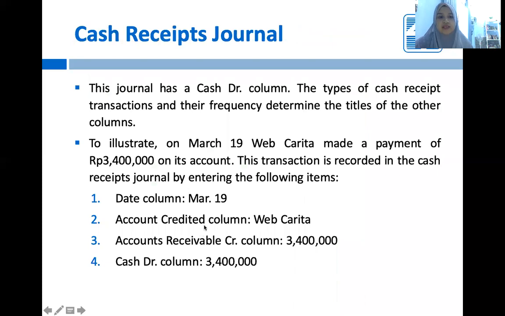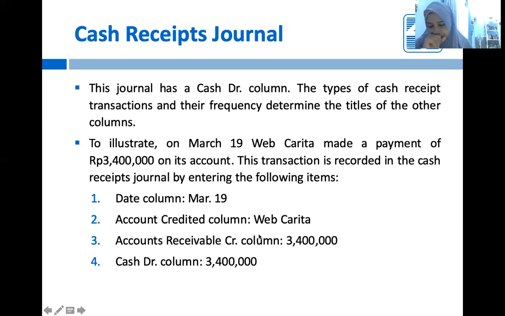And the same thing for the cash receipts journal. Let's say in this example, the transaction is that the customer Web Carita, on March 19, made a payment of 3,400,000. So we will record the receipt of this payment in the cash receipts journal.